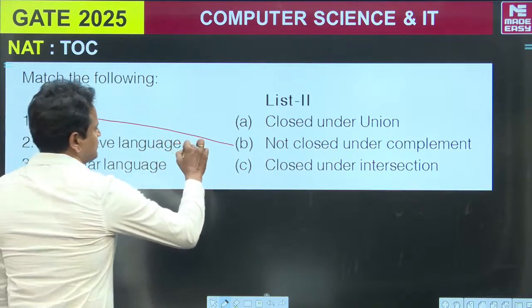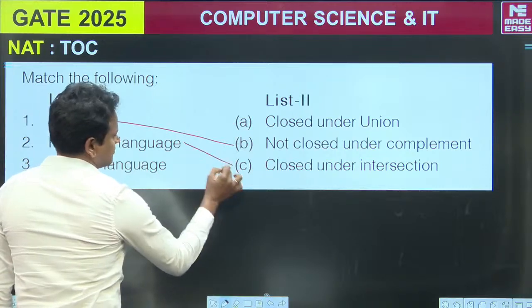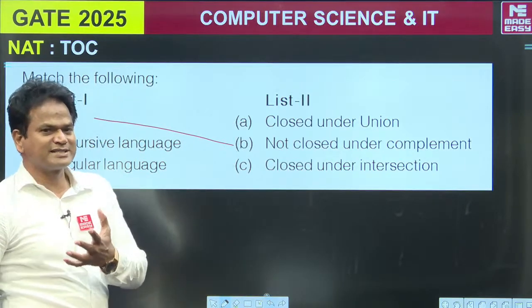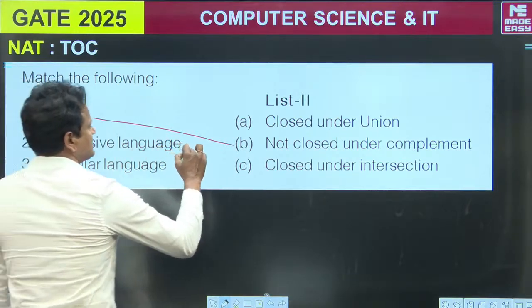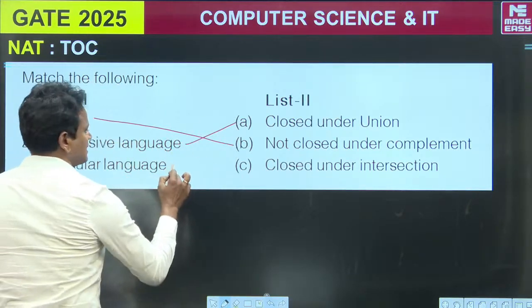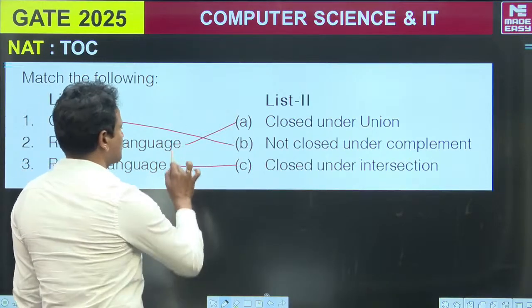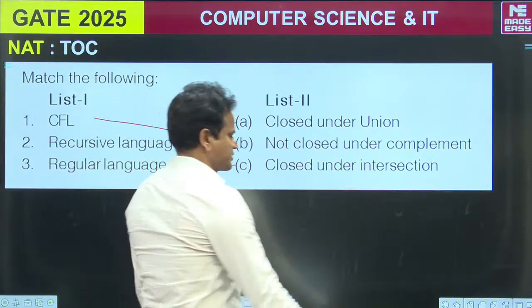So recursive language, you can match this 2 with A, or you can match this one. We can give the exact solution if we have the perfect question. So recursive language is closed under this, then regular language is closed under union, or you can give this and this also, both are closed under union and intersection. Okay, we'll go to the next one.